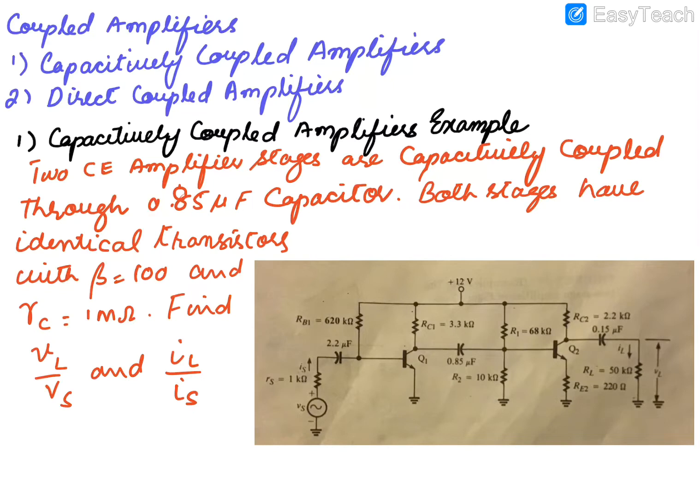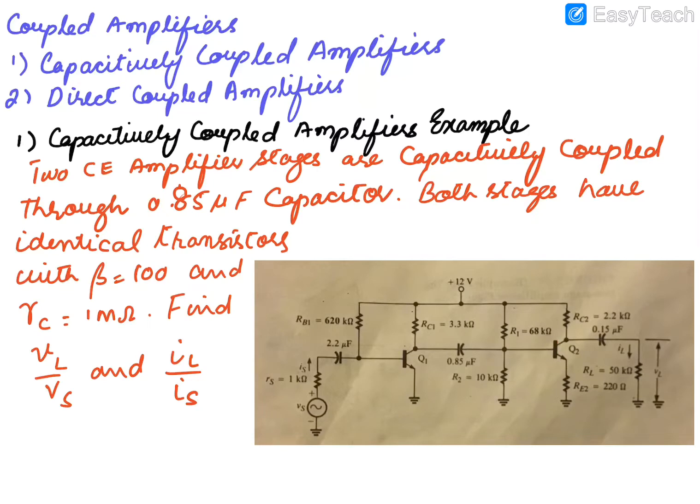So basically here is an example in which there are two stages of amplifiers. Stage 1 is a simple common emitter amplifier stage, and stage 2 is a voltage divider bias stage with RE2 connected with the emitter terminal.